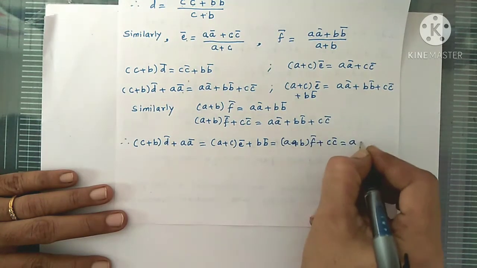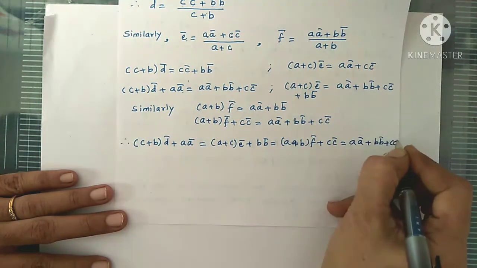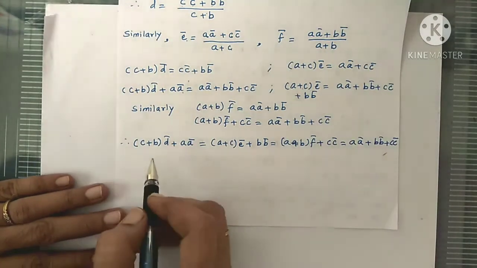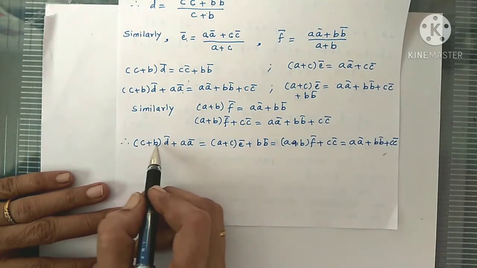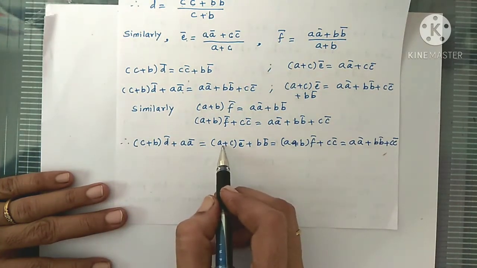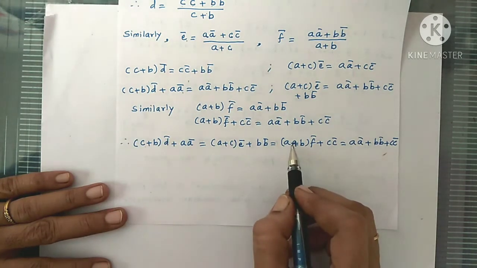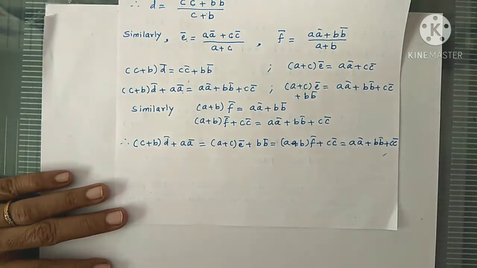Now see here, if we add the coefficients in each term, here we have C + B + A, so it is same as A + B + C. Here also we have A + C + B, so it is also A + B + C. And in the third one also we have A + B + C. So everywhere the sum is same.